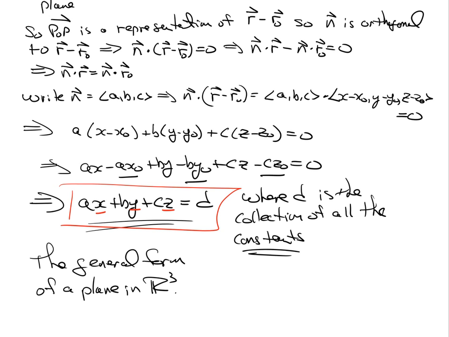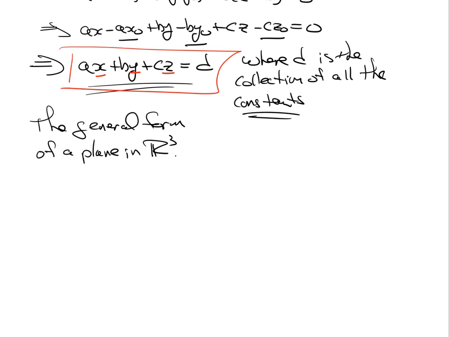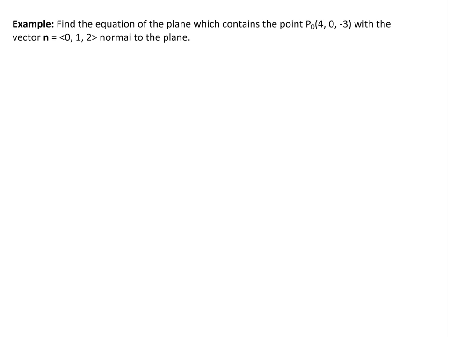So let's go ahead and take a look at a quick example of this. I want to find the equation of the plane which contains the point P0 is (4, 0, negative 3) with a normal vector (0, 1, 2). So n is normal to the plane. I'm going to let a vector r have components x, y, and z.